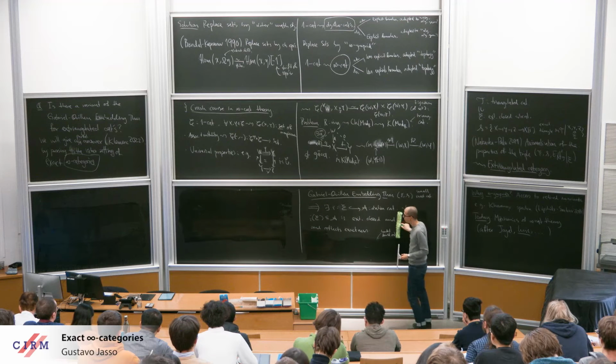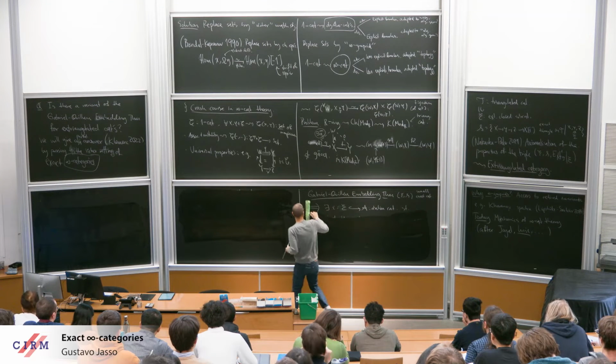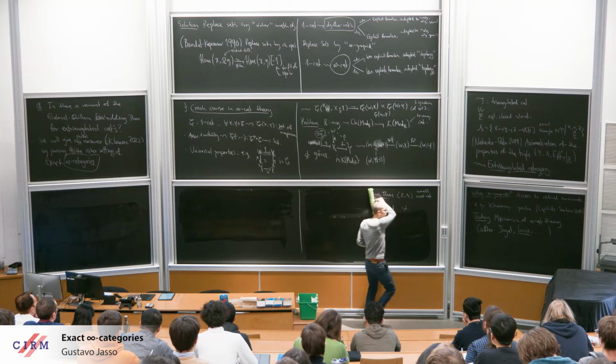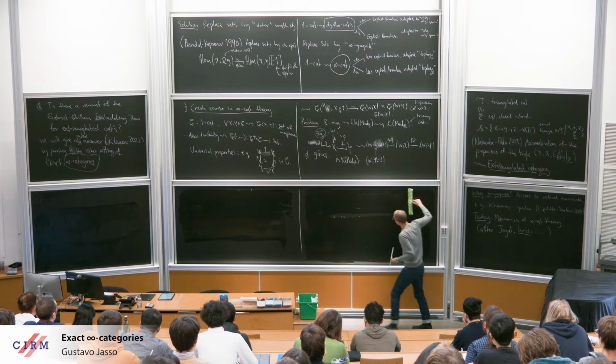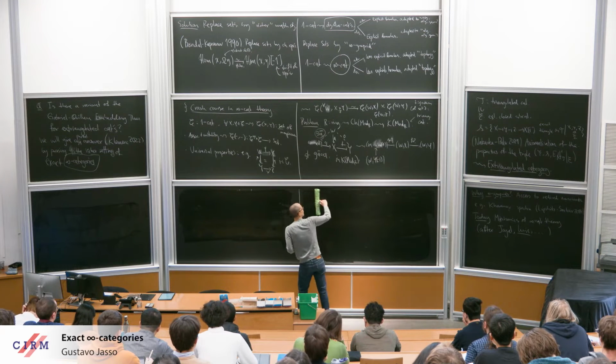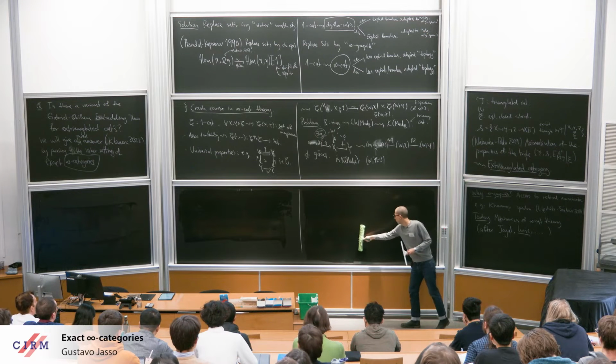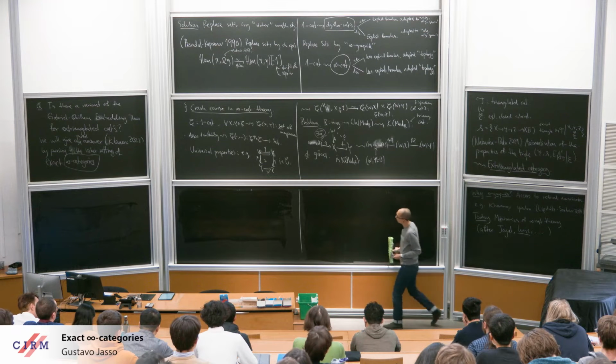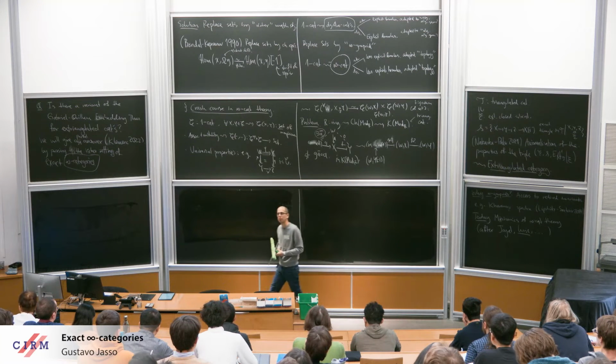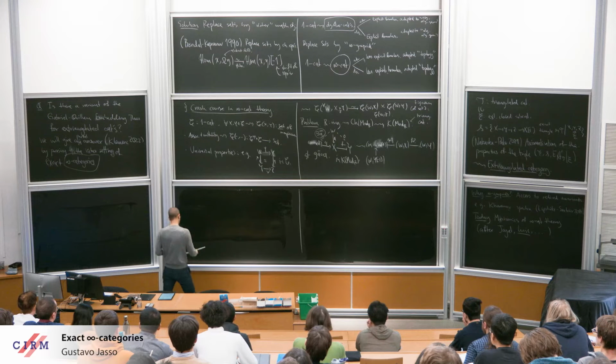And maybe the general message is that thanks to the work of Joyal, Lurie, and several other people, there is in some sense a fully fledged theory of infinity categories, which is entirely analogous to the theory of ordinary categories.